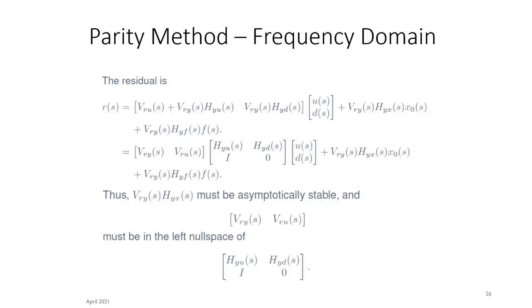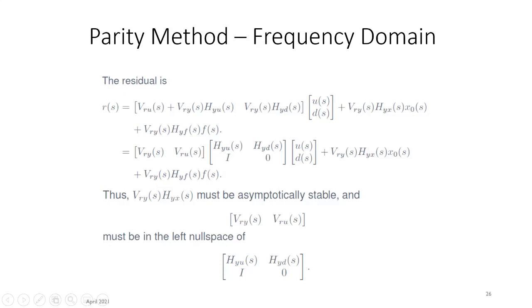I think that's clear because you have seen that before. The response, let's say for a linear system, would be the summation of two terms. One is due to the input, one is due to the initial value. And the effect of the initial value on the output, if the system is stable, will vanish after the transient response. It's only a transient effect.